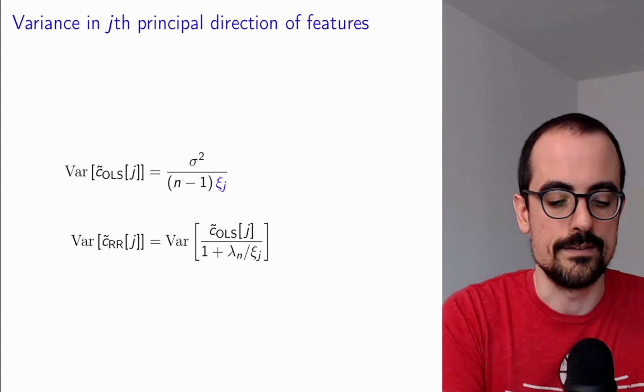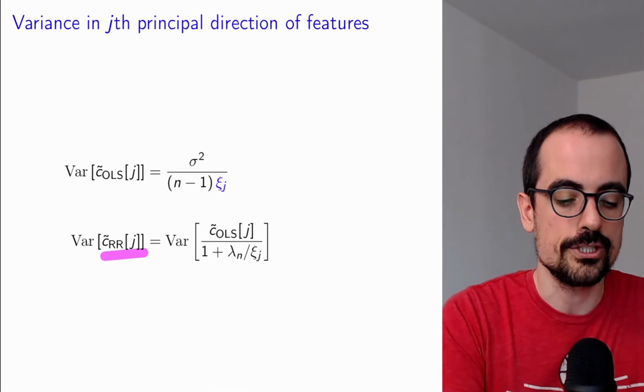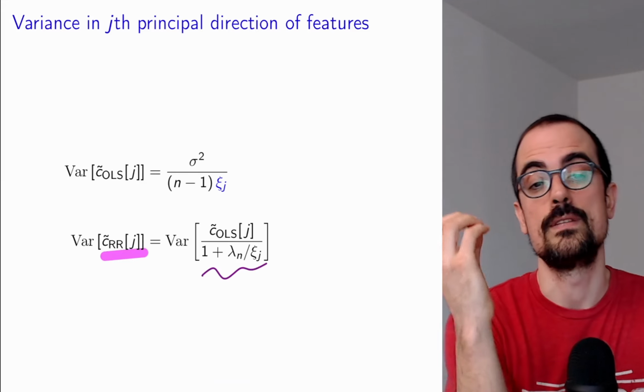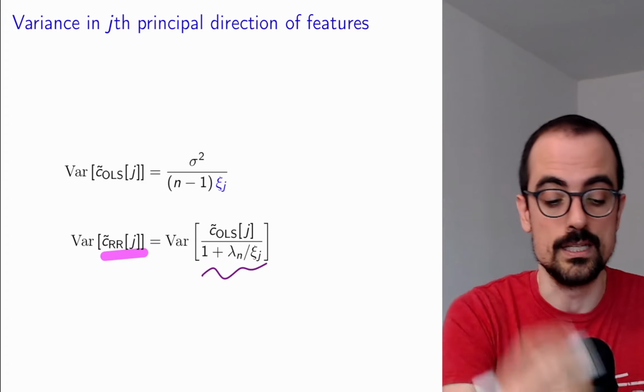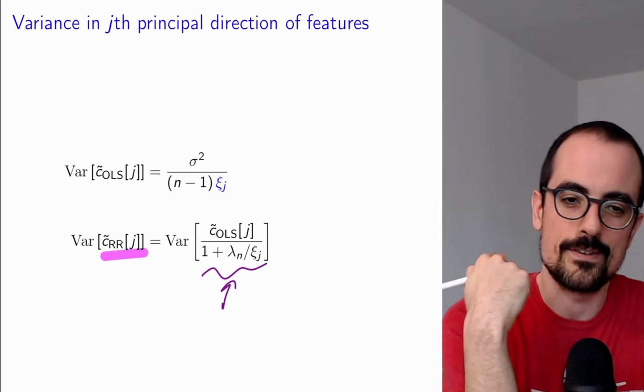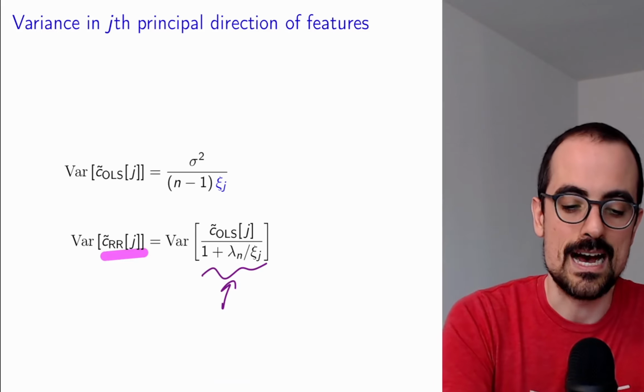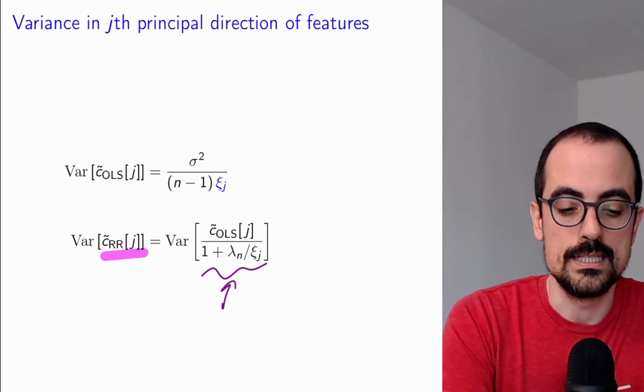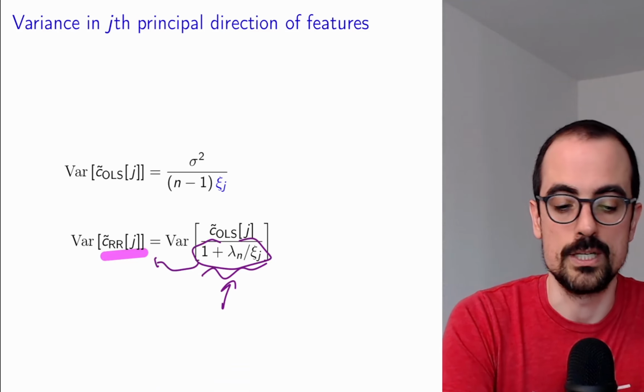So if we look at the variance of the ridge regression coefficients, because we can express the amplitude of the ridge regression coefficient in the jth direction in this way, which is what we derived in the first step of our plan, now this guy is going to come out because it's just a constant.